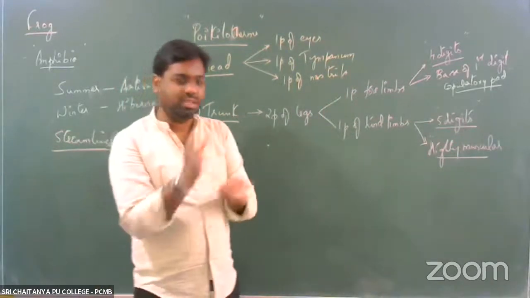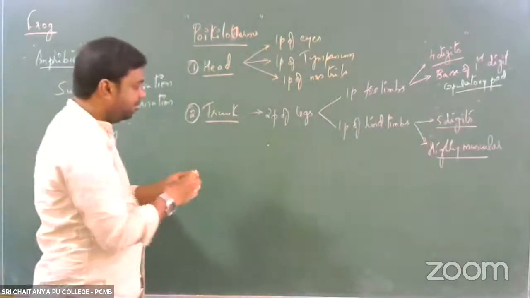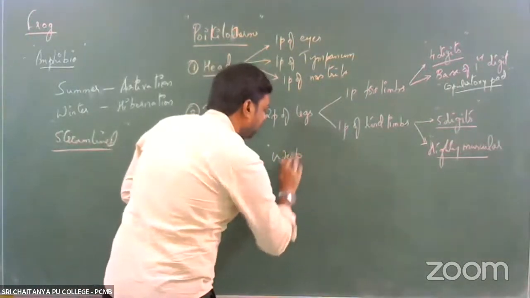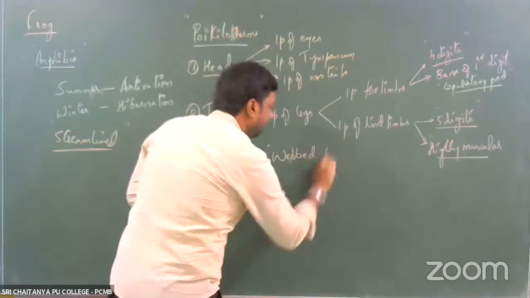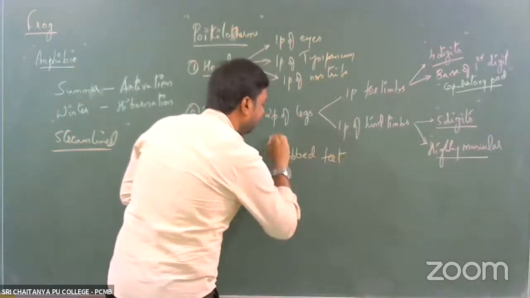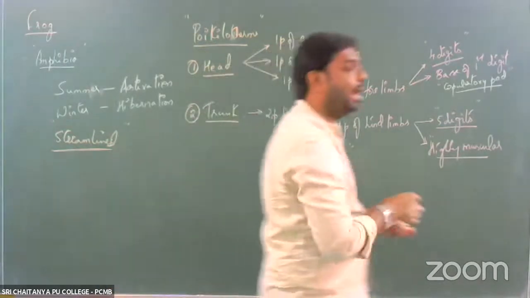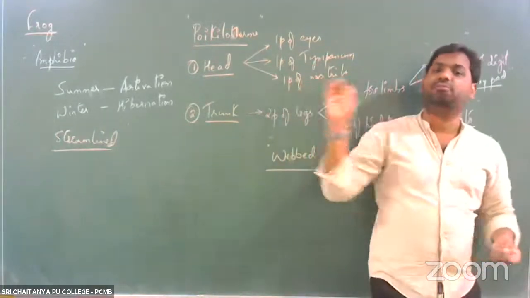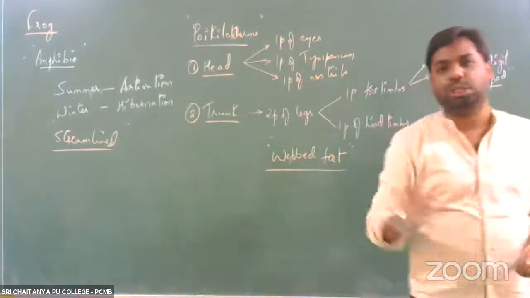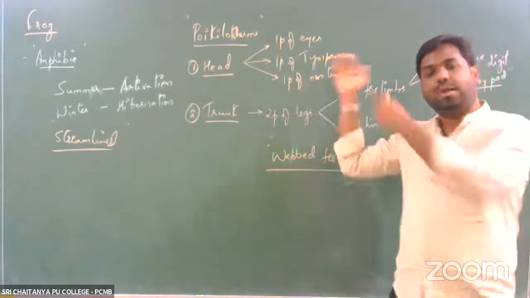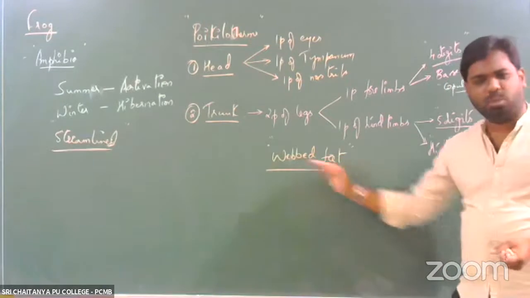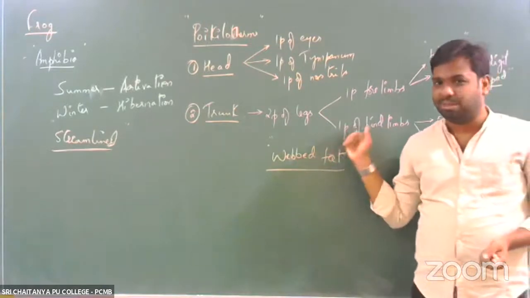And those modifications are that the limbs are modified in the form of webbed feet. Right? So the legs are said to be webbed, and these webbed feet favor the process of locomotion in water, right? So once the animal gets into water, because of the presence of webbed feet, I hope all of you are familiar with what we mean by webbed feet.